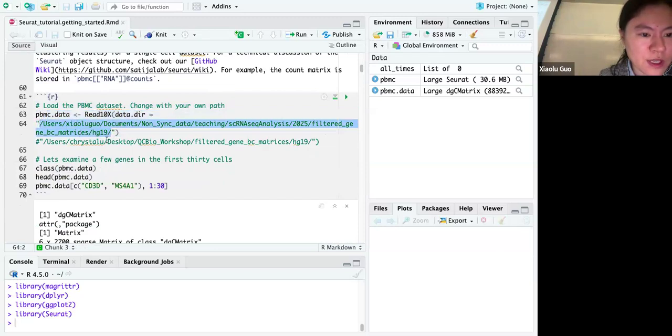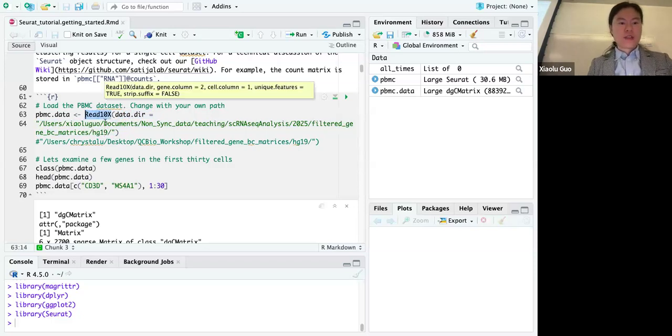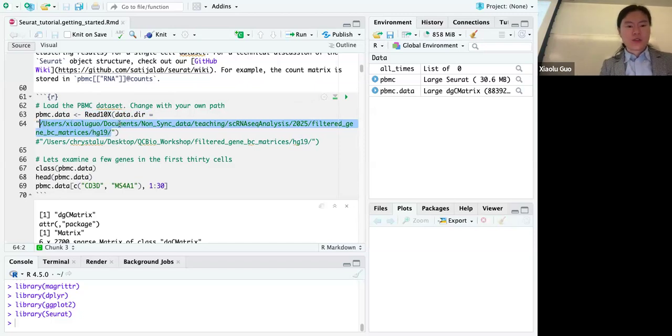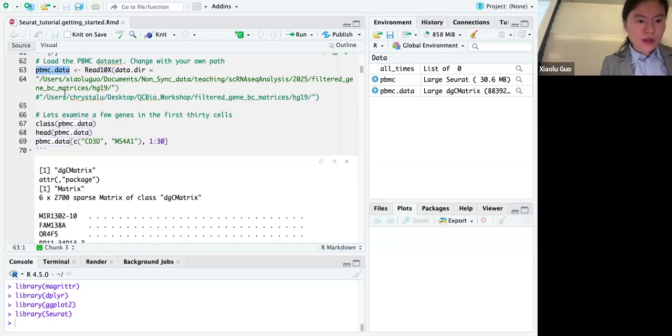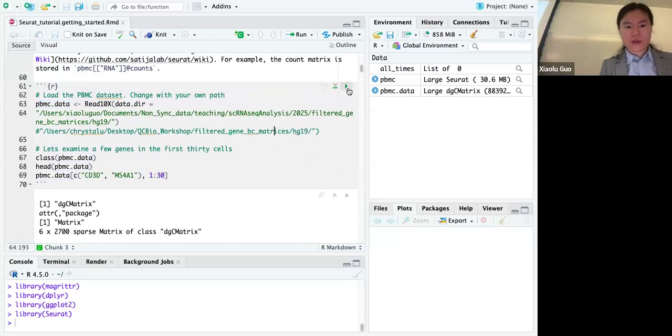You need to download the data from the shared Google Drive, and then locally figure out where you saved it, and input that path as the parameter. The Read10X function reads the gene expression matrix output from 10x Genomics, creates an object, and you can save it in this variable, and then run this chunk.